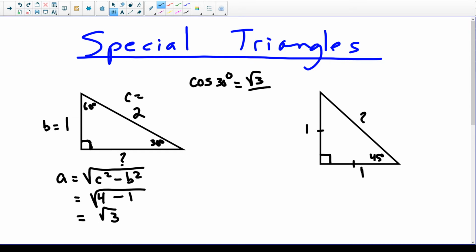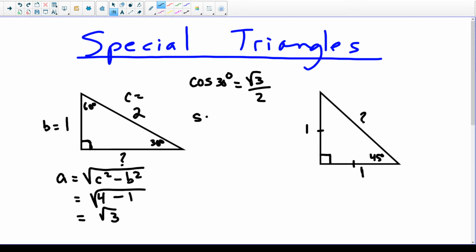The hypotenuse is 2. Now, if you do cosine 30 on your calculators, you're going to get 0.8660, and it's an irrational number. It continues forever. But from this point on, if we need a perfect answer for the cosine of 30, we can use root 3 over 2 for that value.